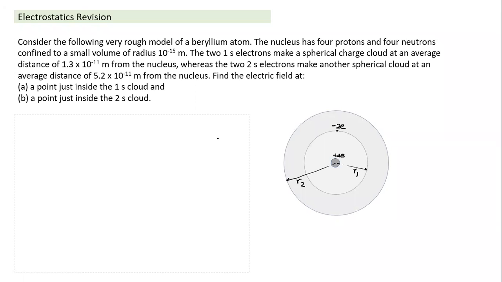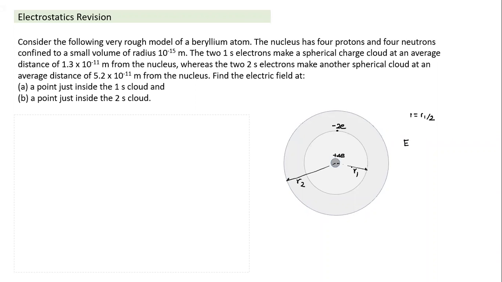And if we need to find the field at any point at a particular given distance from the center, we should be easily able to find the field. Suppose I ask you, what is the field at a distance r equal to r1 by 2? Half the first orbital radius, the field will be only due to the nucleus charge.